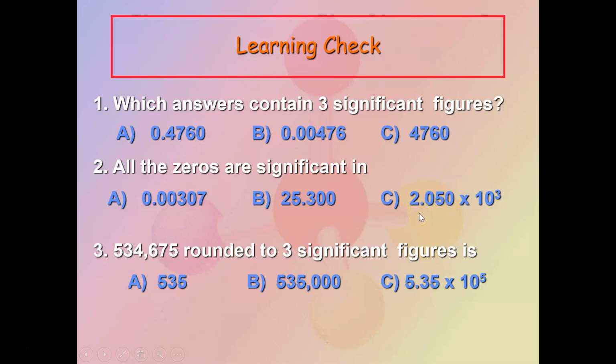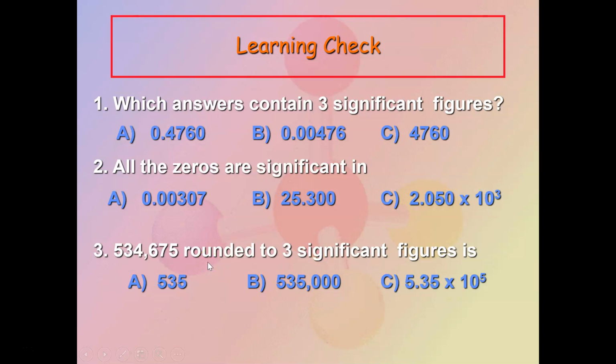Doing Atlantic Pacific, I see that the decimal point is present, so I start on the Pacific side. I go to my first non-zero number, and everything after that becomes significant, meaning the whole number is significant. So look at that. B and C are our correct answers again.